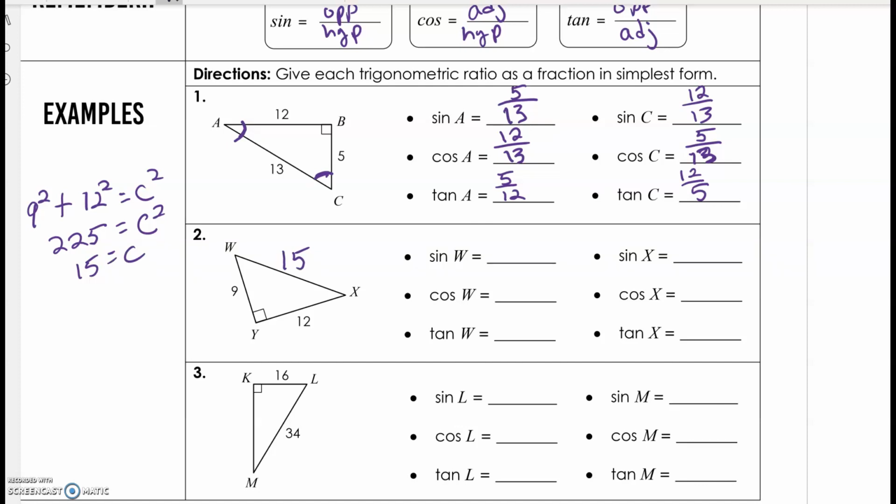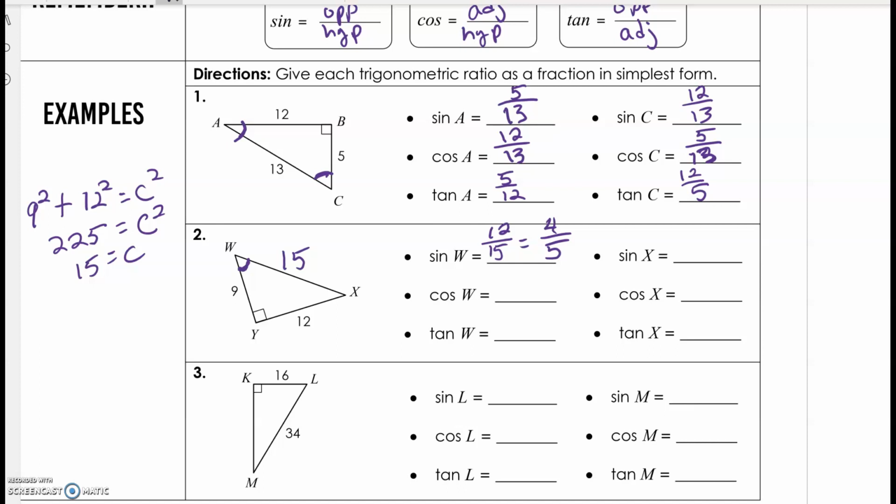Now this go round, when we start finding our sine ratio, the sine of W, first let's locate W. We see it's going to be the length 12 over 15. Now that can be reduced, and yes, you do need to reduce it. So 12 over 15 reduces to, excuse me, not 3, but 4/5. That is the exact answer, and so you do need to be able to reduce fractions.